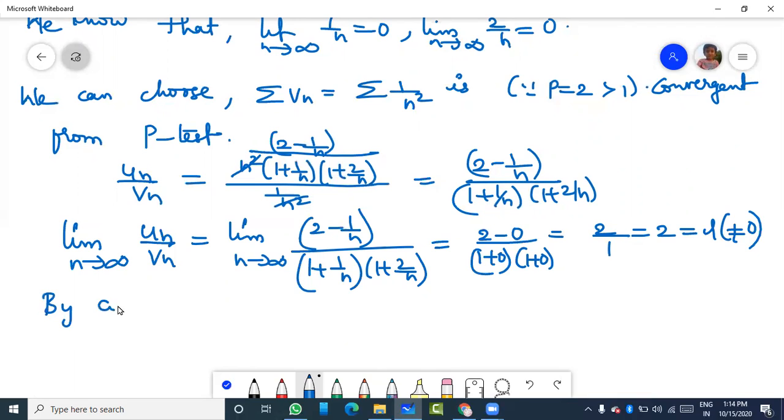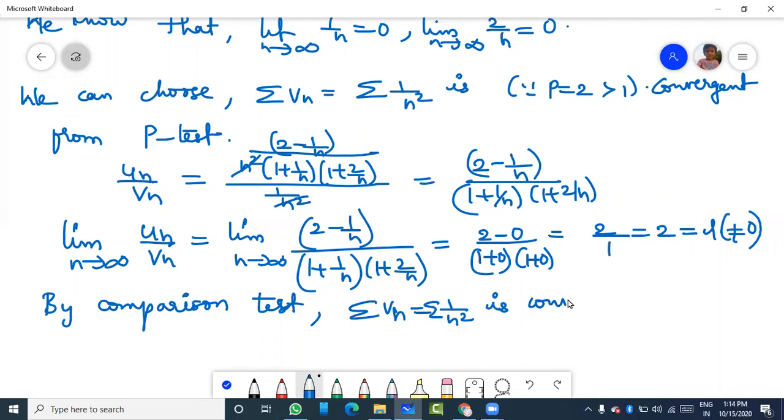By comparison test, sigma Vn is equal to 1 by n square is convergent, then sigma Un is also convergent.